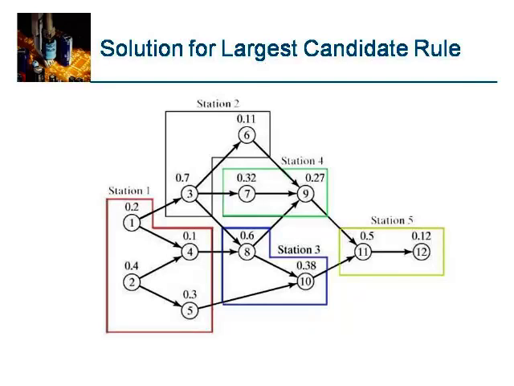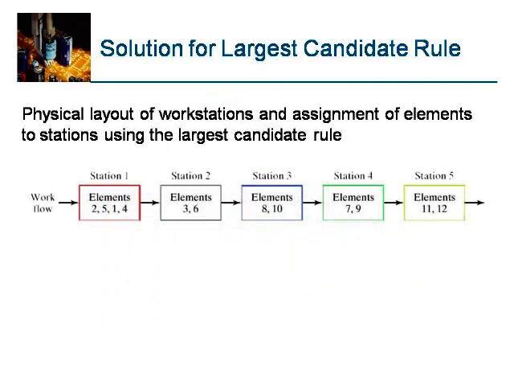If you take the total time, for station 2 it is 0.81, and for station 3 it is 0.98, and like that for all the stations we can calculate. Station 1 has elements 2, 5, 1, 4, station 2 has 3, 6, and station 3 has 8, 10, station 4 has elements 7, 9 assigned, and elements 11, 12 are assigned to station 5.